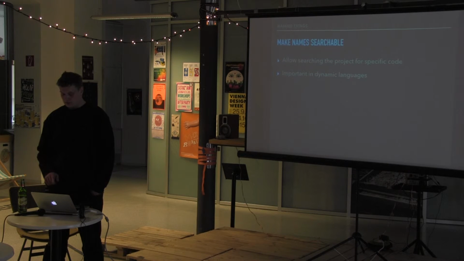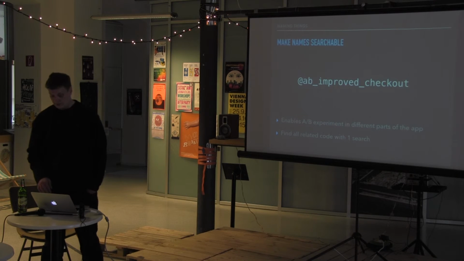One good tip is also that you should make names searchable so that you can search for them in the entire project. This is especially important in dynamic languages where you don't have tools that find usages of a particular method or variable, and you can only use text search over the whole project to find it.